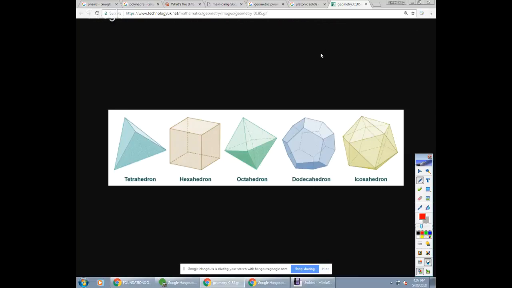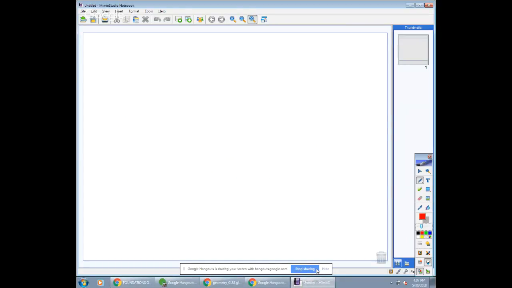All right. So what can you tell me about the hexahedron? Got 6 faces. Okay, so we got that. They're equal. What's another word for equal in geometry? Congruent. Yes. Okay, so we're talking about the hexahedron. It has 6 congruent faces.